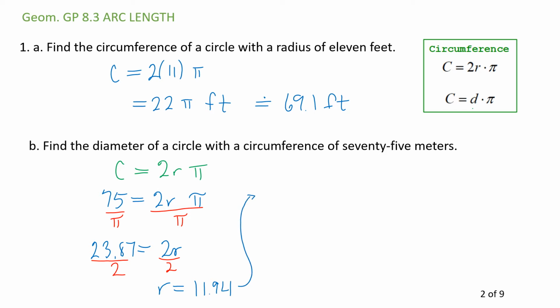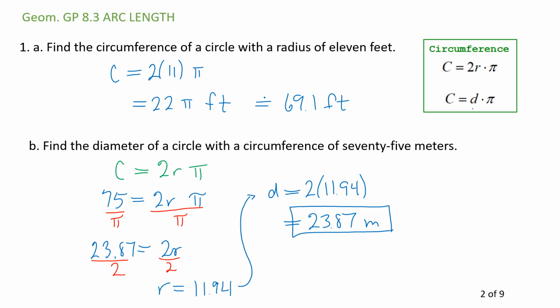But then to get the diameter, you just multiply that back by 2. So that doesn't really make much sense. Back to 23.87. Just to show you what I meant by that, I actually should use the second formula where this is your diameter.